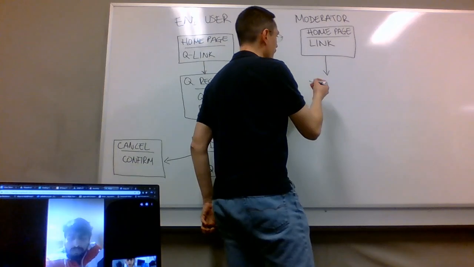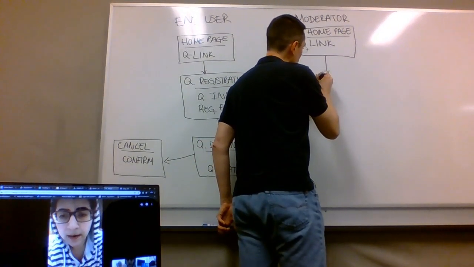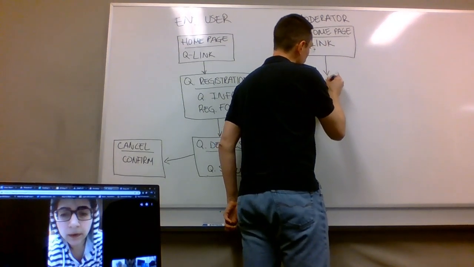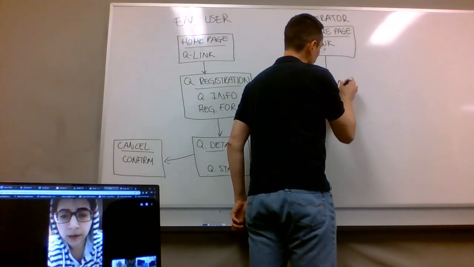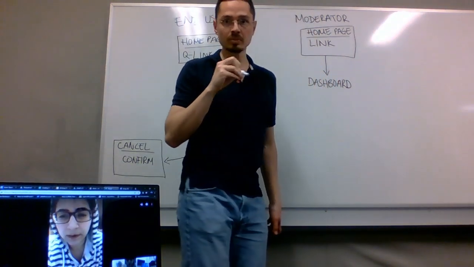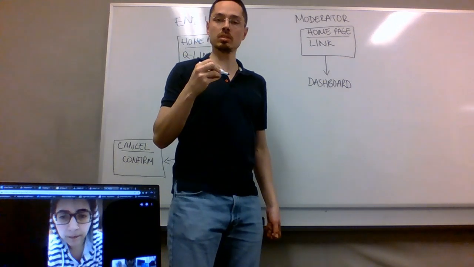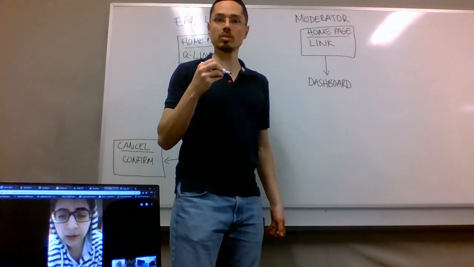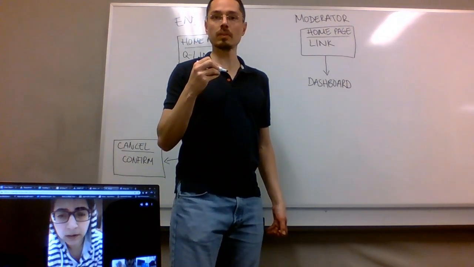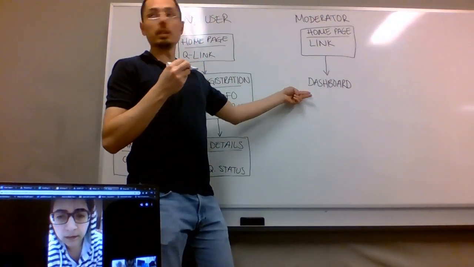I was saying that once the moderator is creating the queue, there should be an option to choose the information to show up, the information that is going to show up for the end user. So that will be displayed here.